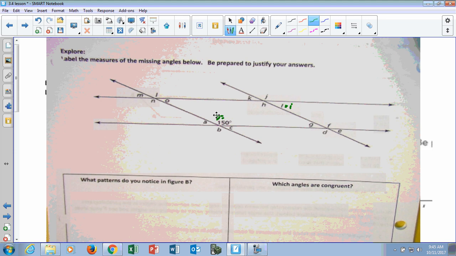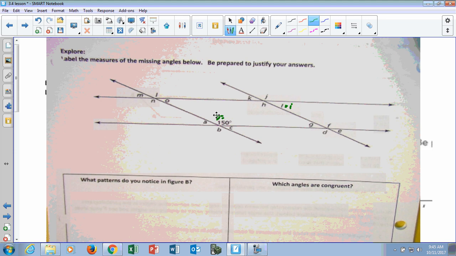That's what you're going to write on the column that says patterns you know from figure B. And then I want you to tell me the sets of angles that are congruent. And again, what does the word congruent mean? Same. They're the same exact measure.